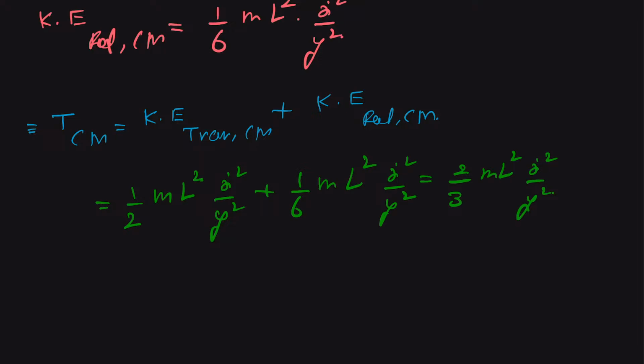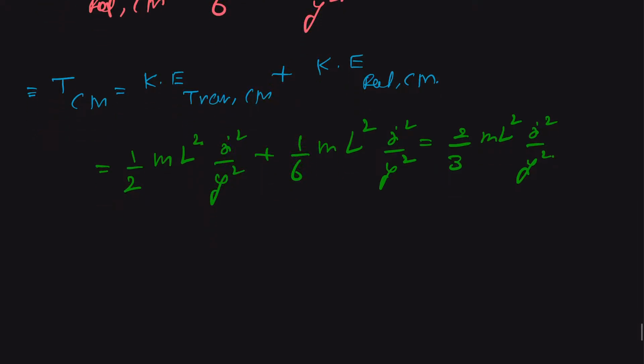Now we come to the potential energy, because we found out the total energy of the center of mass, but there will also be the potential energy associated with it.